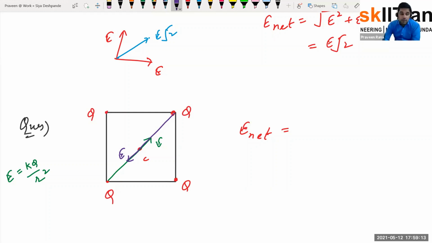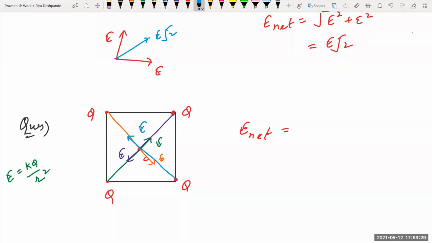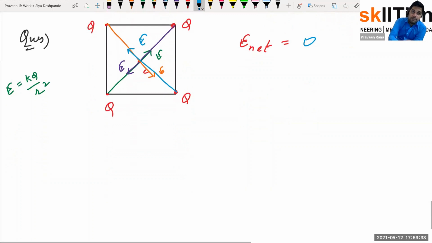These two electric fields are equal and opposite, so the electric field due to these diagonal charges will cancel out. The same will happen for the other diagonally opposite charges. So the net electric field at the center would be 0.